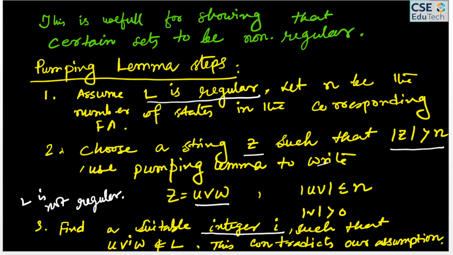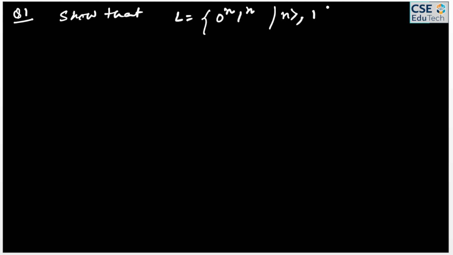Now we'll show some examples. First example, question 1: show that L equal to 0 to the power n and 1 to the power n, such that n is greater than or equal to 1, is not regular.